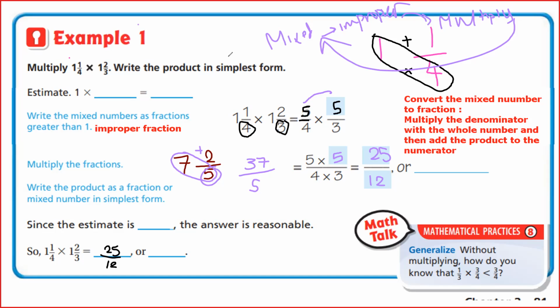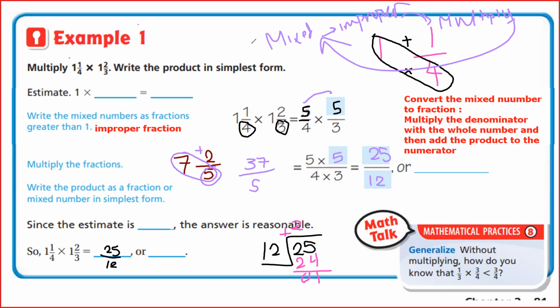No. Look at me. You have to divide 25 over 12. Then, what's the number that you multiply by 12 to get 25 or 24? It's 2. 2 times 12 is 24. Then the remainder is 1.